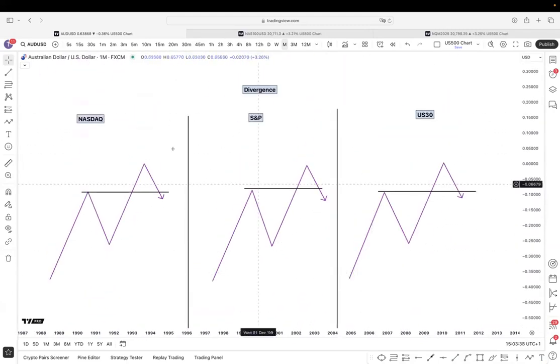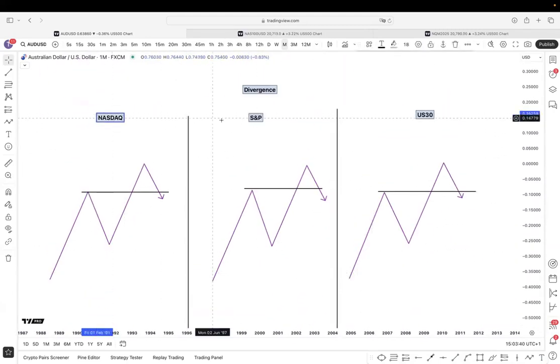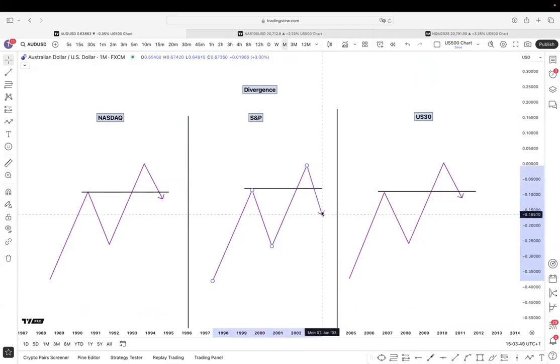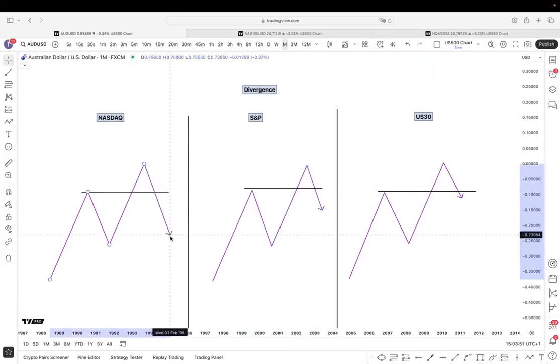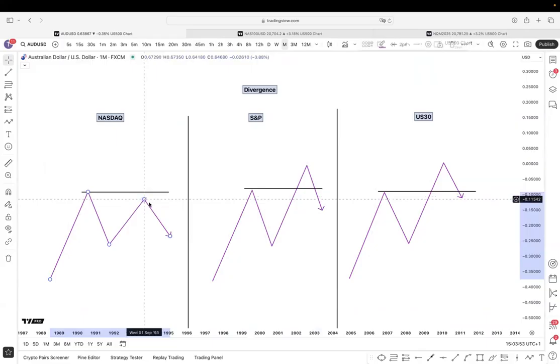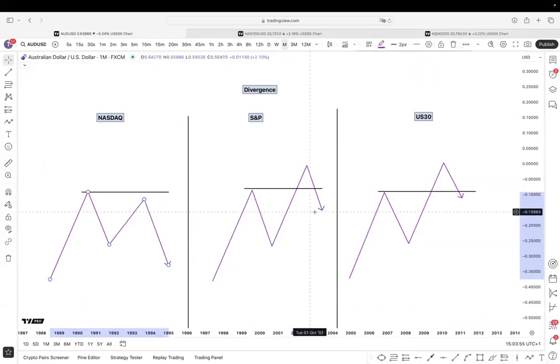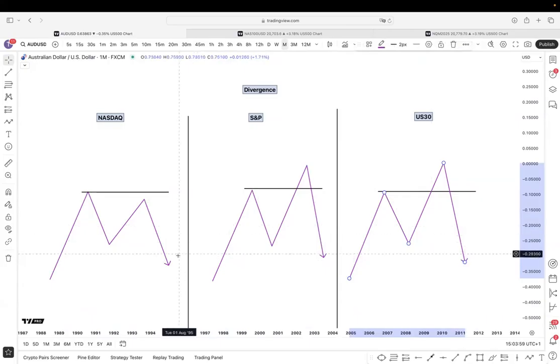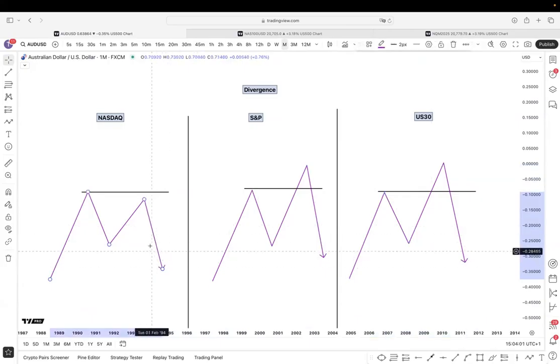But let's just focus back onto the NASDAQ for a second and the S&P and the US 30, the indices. If we find a situation where the NASDAQ has not swept the high and started pushing to the downside, so if we get something like this, which is actually happening, we have divergence in place as explained in the previous video.